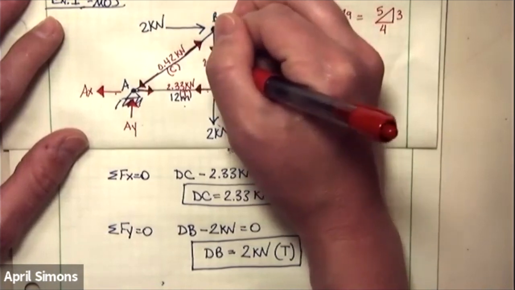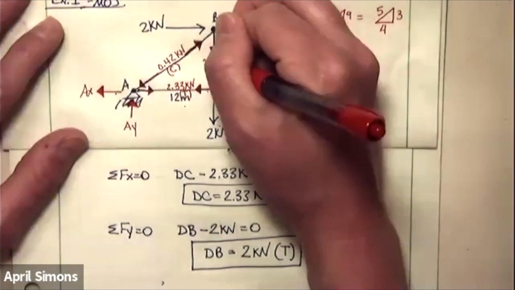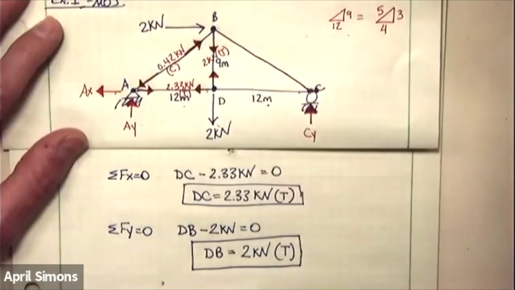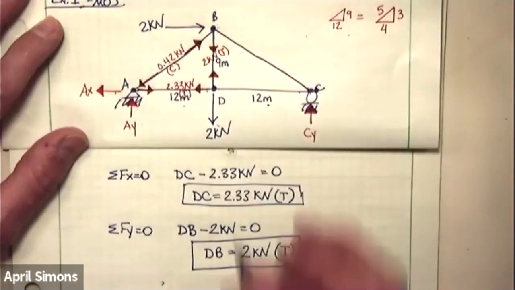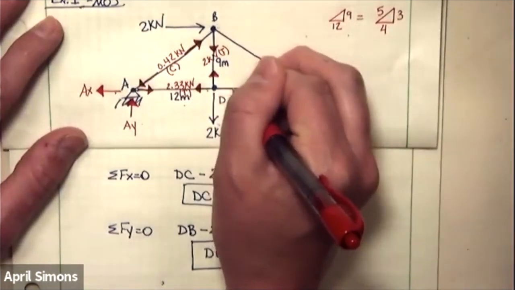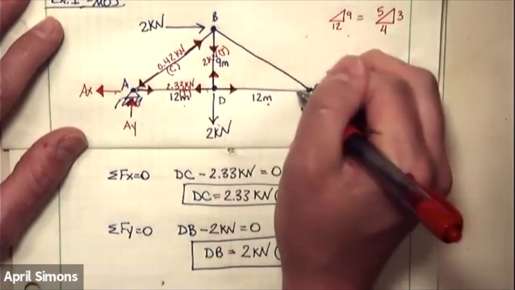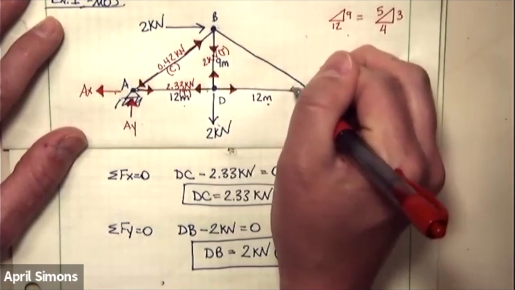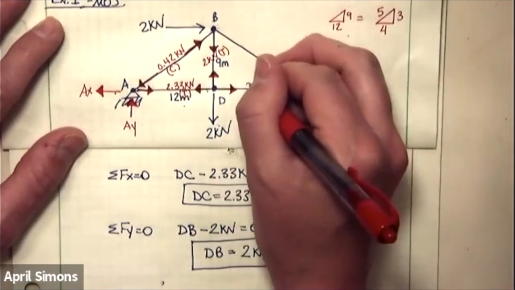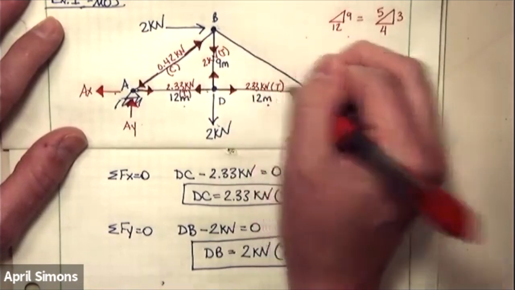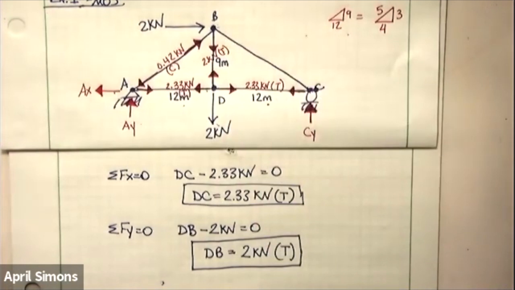Excuse me, DB was 2 kilonewtons. Tension. DC, arrows going away from the joint for tension. That was 2.33 kilonewtons tension.